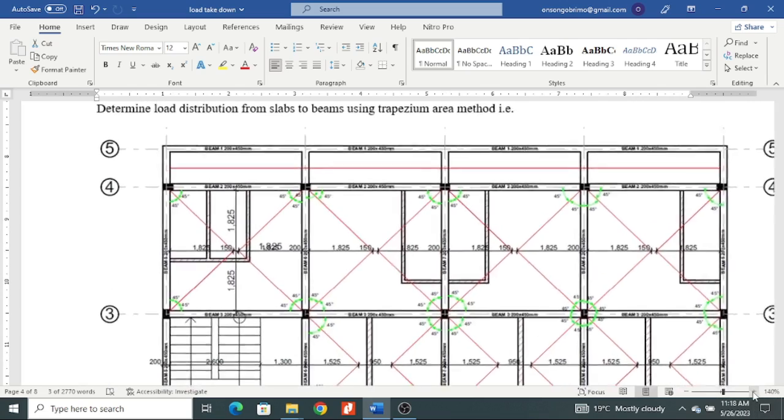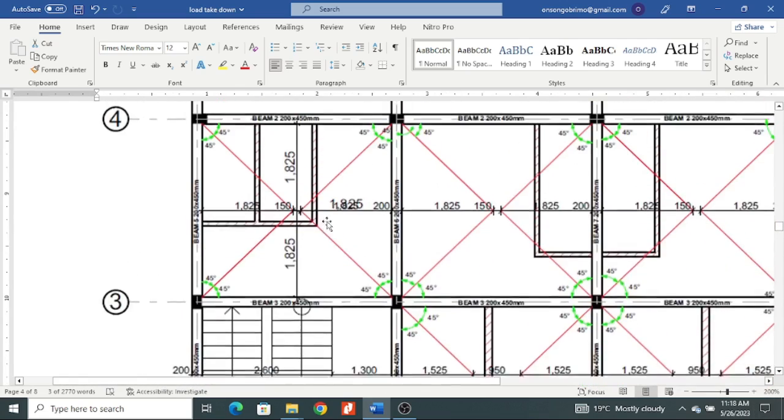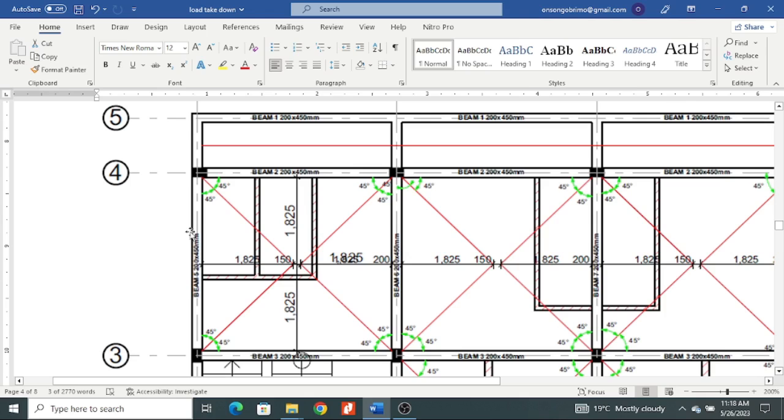It is very simple. Let me increase this so that you can see. I'm hoping it's clear. What you do, you come to this orthogonal junction, which is an edge, and then you draw a line that divides it into two equal angles, which are 45 because this is 90.